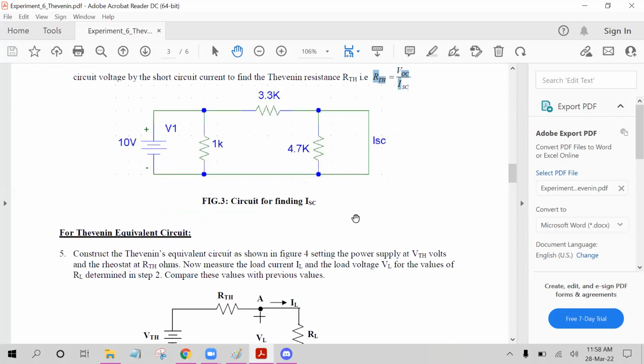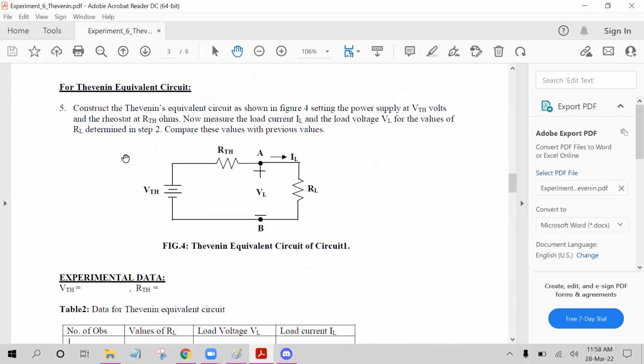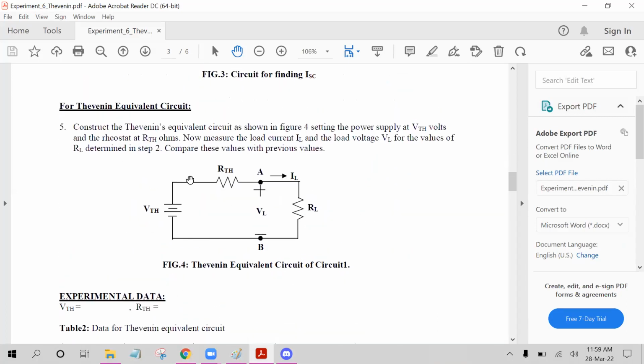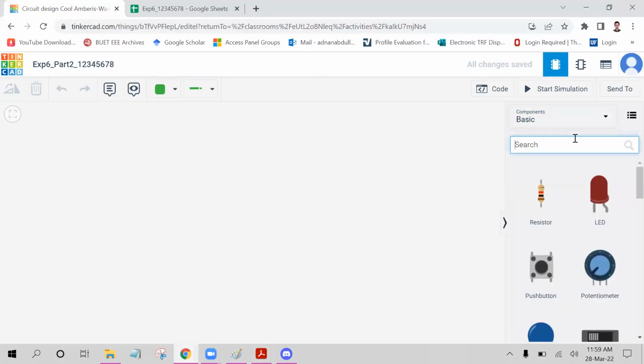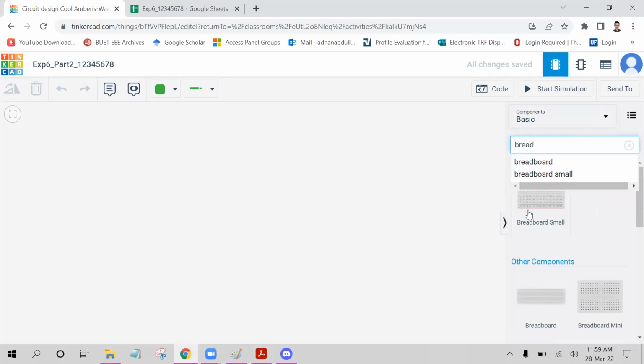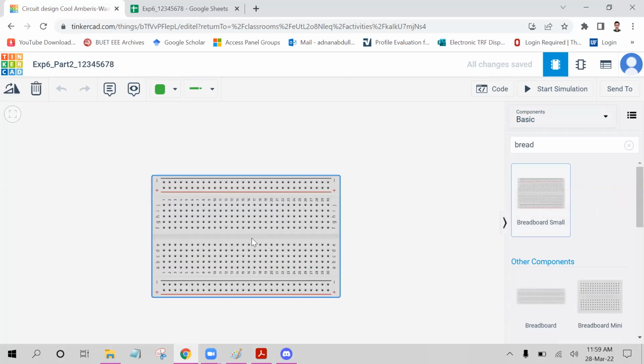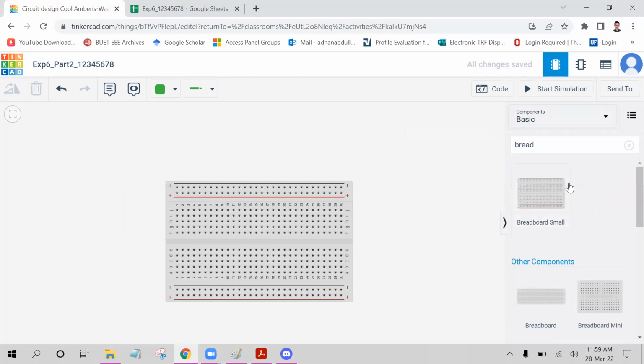So let's build this circuit, the Thevenin equivalent circuit over here. As you can see, it can't get any simpler. It is a very simple circuit, just 2 resistors connected in series with this power supply. So I am going to connect it. Please follow me, or I hope you can do it on your own.